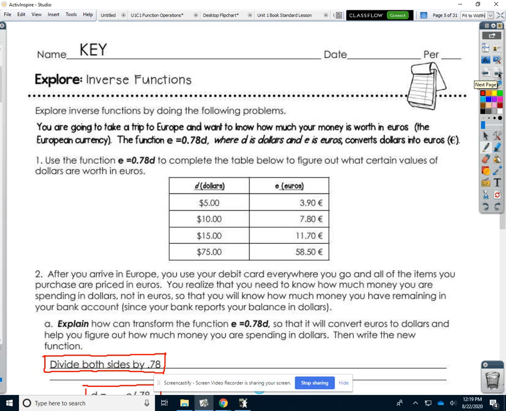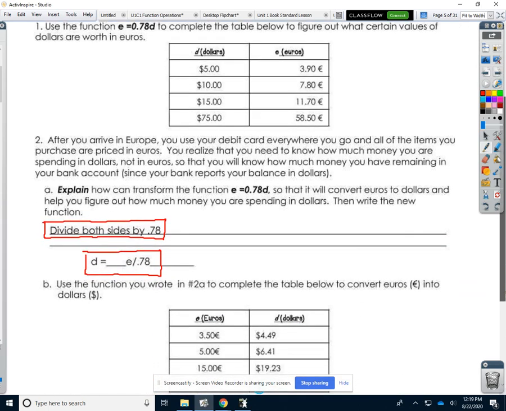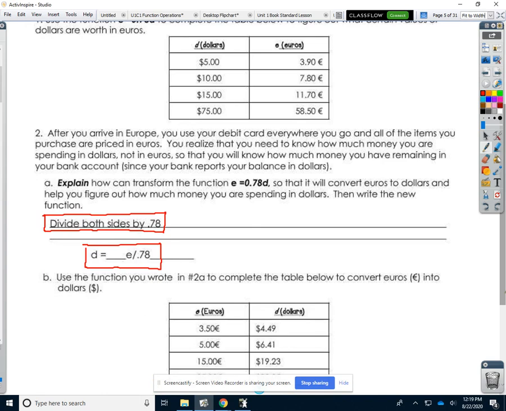On page 13, explain how you can transform the function e equals 0.78d. So euros is worth 0.78 of each dollar, or 78 hundredths of a dollar, so that it will convert euros to dollars and help you figure out how much money you're spending in dollars, then write the new function.